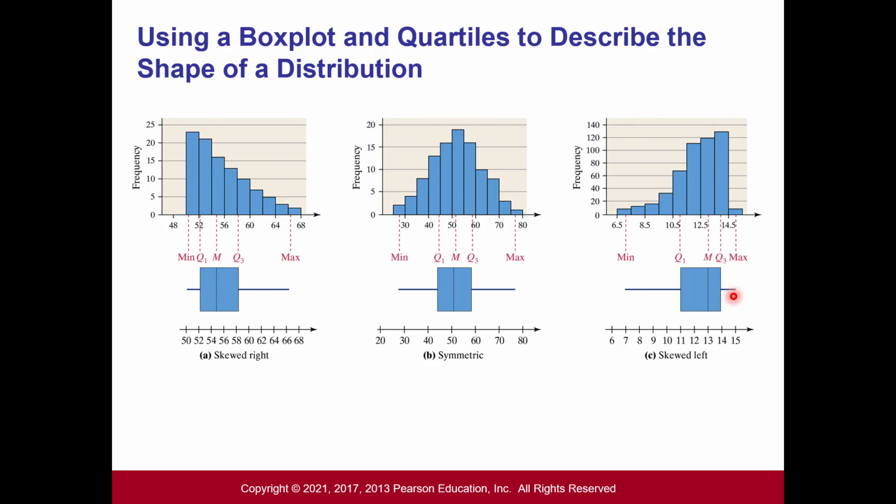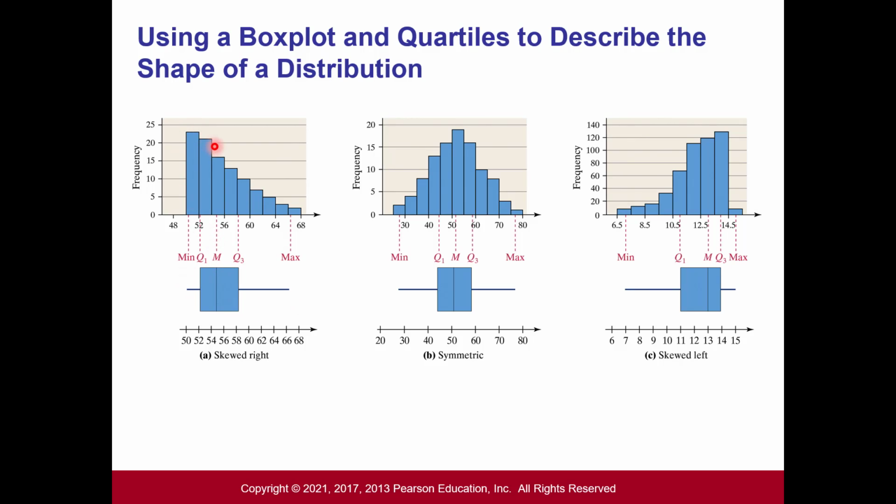Now we can look at box plots and compare them to histograms and then talk about how our data is distributed. So if you take a look at the three examples here, the first one is skewed right. The middle one is nice and symmetric. It's actually bell-shaped. And then this other one on the right side, this is skewed left. And now look at the corresponding box plots.